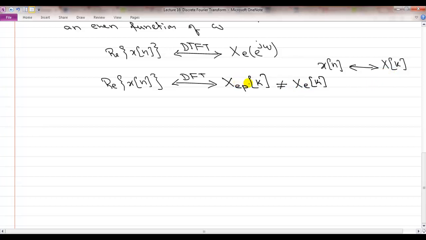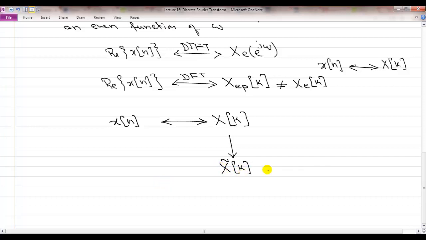It's equal to one period of an even part of the periodic sequence from which you calculated your discrete Fourier series. So remember that you have x of n. If I am doing the discrete Fourier transform, this x of k is actually related to x tilde of k.